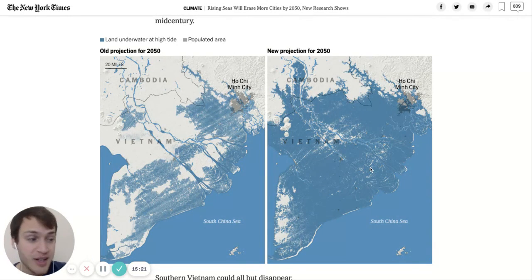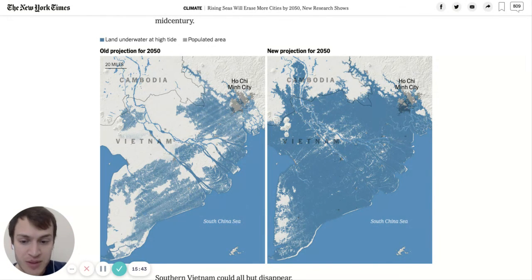So I just wanted to show you Vietnam because right now we think this is going to be Vietnam in 2050. All this darker blue stuff, that's land that's underwater. So as you can see, like half of Vietnam just gone, just completely underwater.